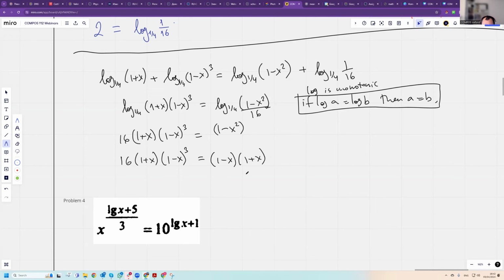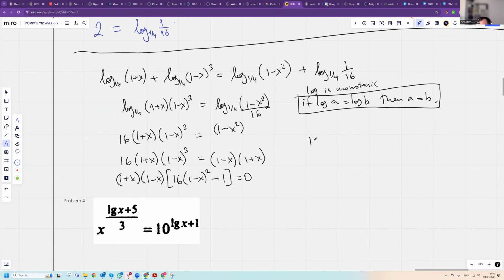So putting everything to one side and finding the common factor. The common factor is 1 plus x, 1 minus x. So it's 1 plus x, 1 minus x, open bracket, 16, 1 minus x squared minus 1 equals 0.